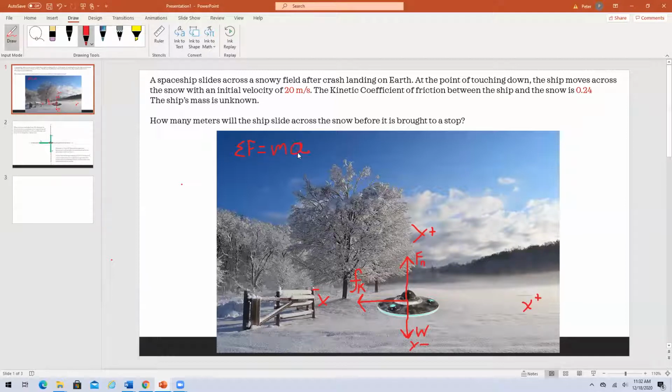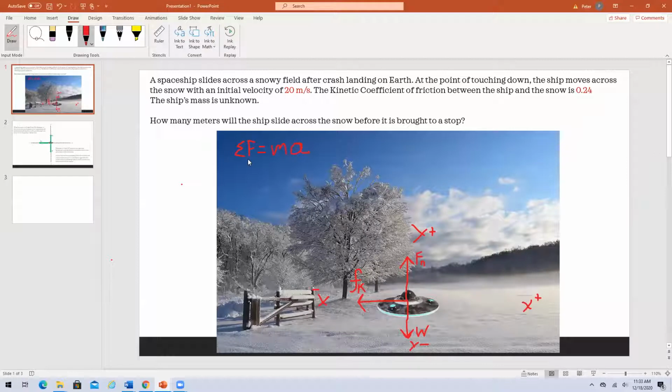Now what that tells us is, as long as this sum of forces isn't zero, acceleration will not be zero. The only way you can get a zero acceleration here is if the sum of all forces also equals zero. And so what the second law actually says is that an acceleration will be produced by a net force, in the direction of that force.